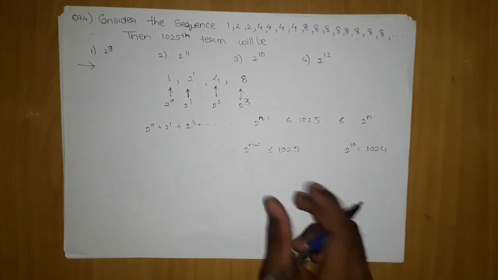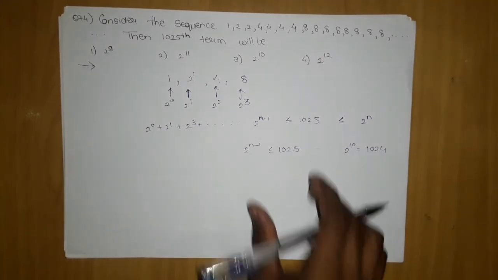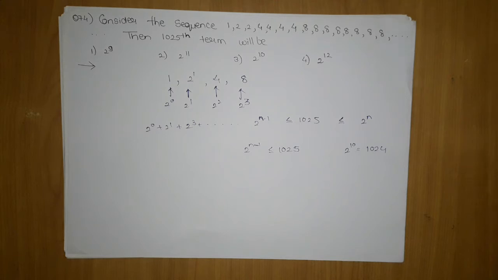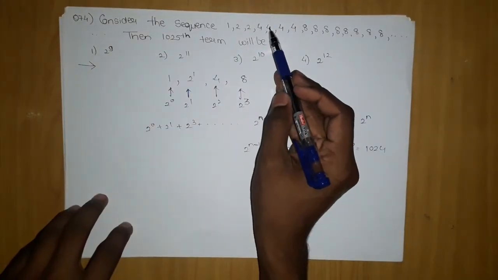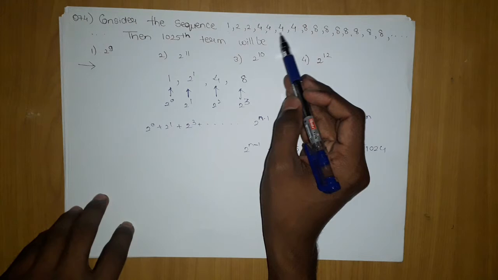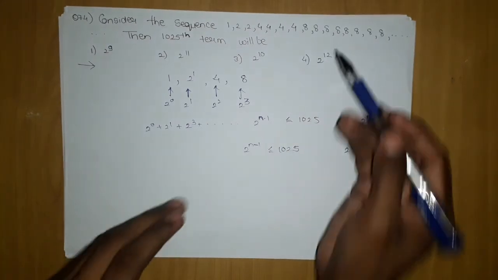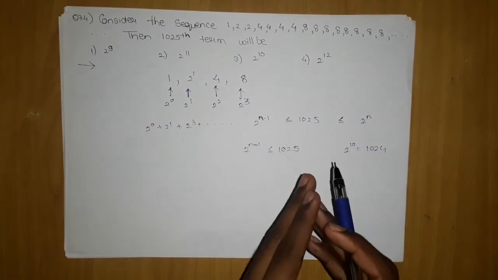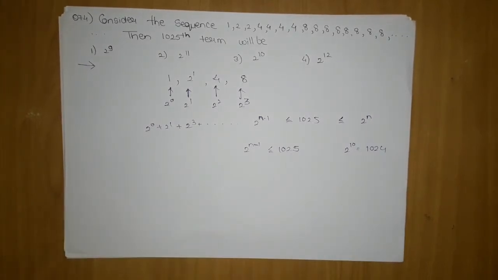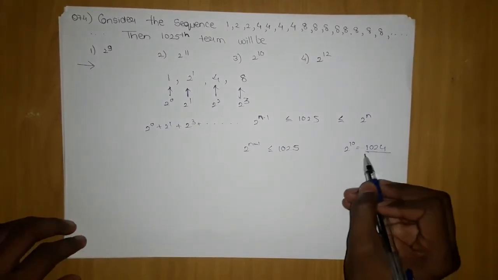Now listen to what I am telling. At 10, that means at the 1025th term, like here: 1 2 3 4 5, at the 5th term, at the 6th term the terms are the same, at the 8th term. So you cannot say that at a particular term a new number starts, it may happen in between. That's why we are taking 2 power 10.